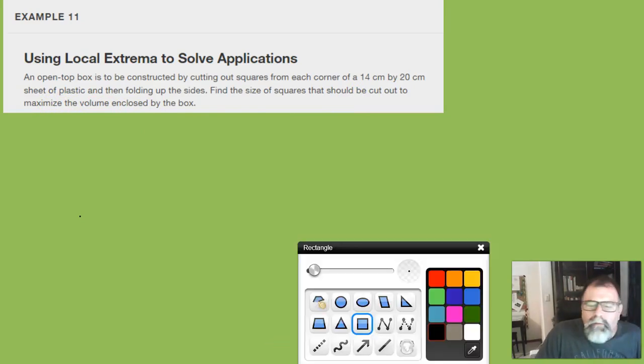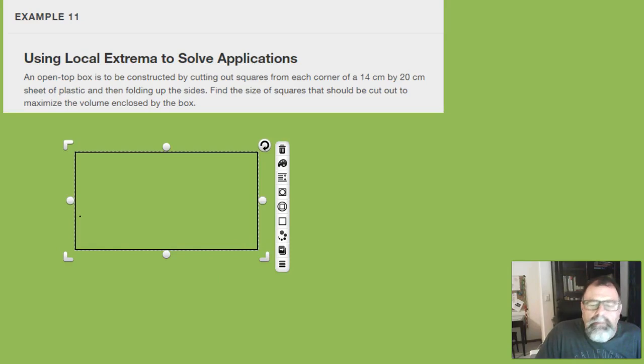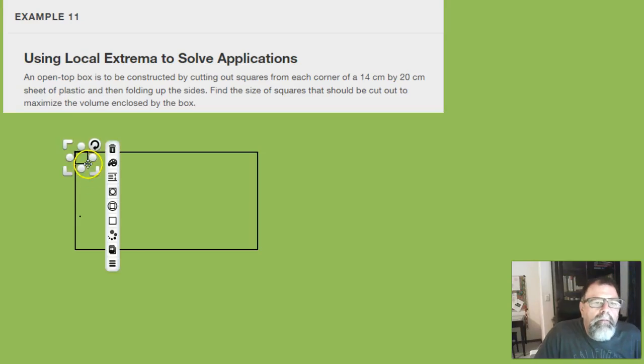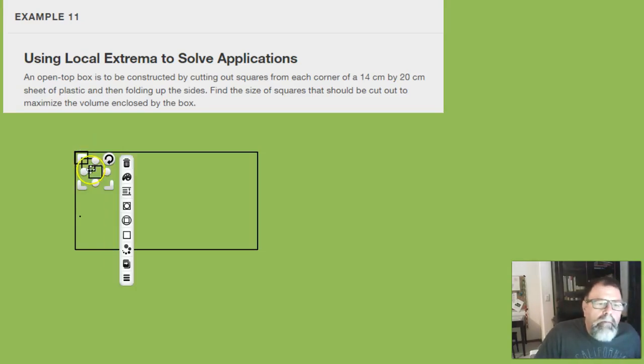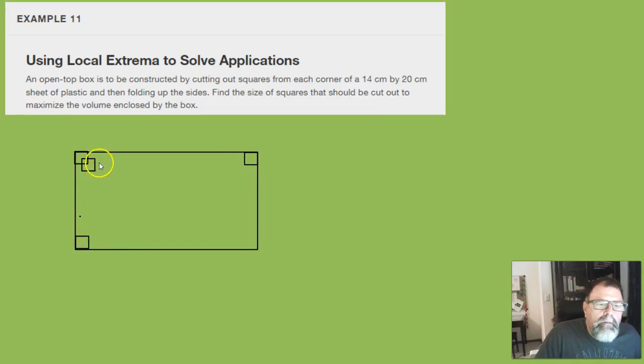Alright, so if we start out with a sheet of plastic like this, and then we cut out the corners here like that.